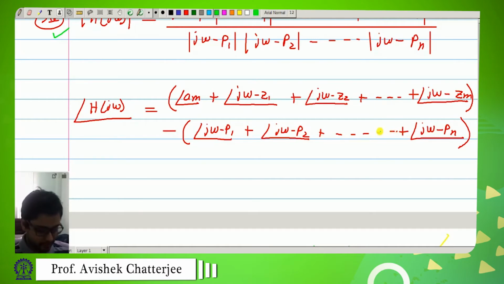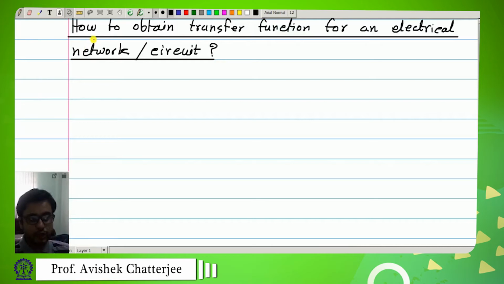The next thing we will learn today is how to obtain the transfer function for an electrical network or circuit. We will learn that with simple examples. So here is our first example, a very simple circuit which has one resistance R in series with a capacitor C, and this other end is grounded, 0 potential.